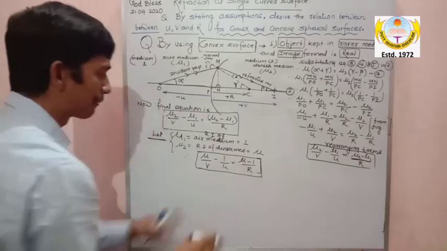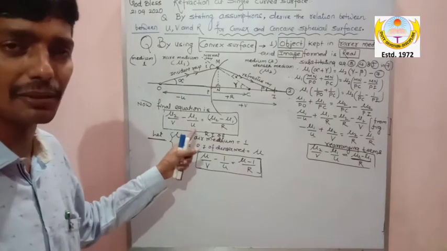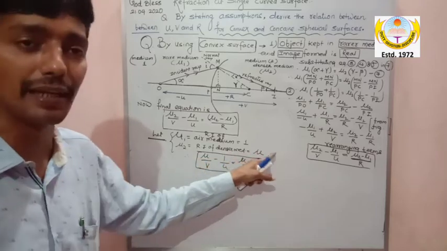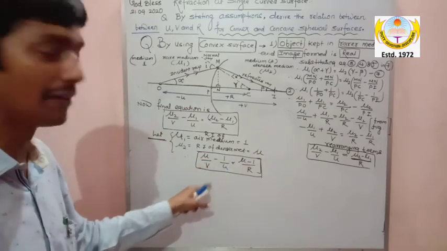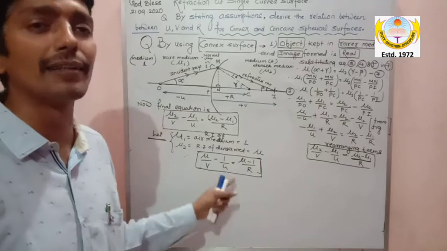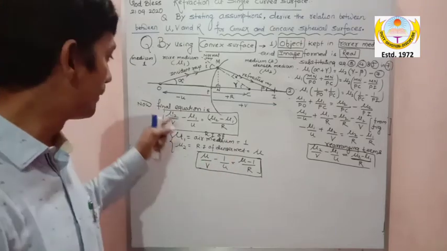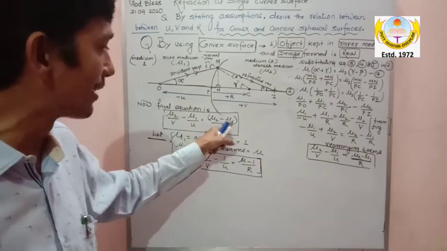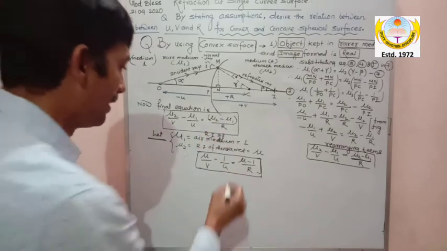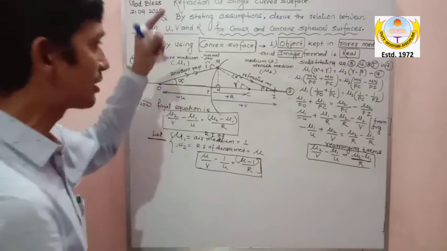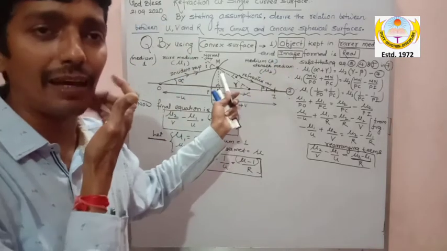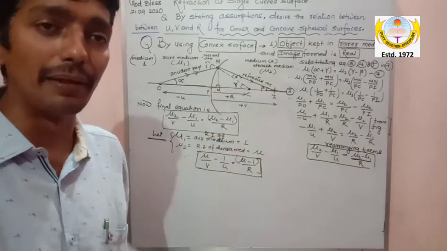But this is after the assumption that the first medium is taken as air and the second medium, that is the denser medium, is taken as mu. Then I got the formula mu by v minus 1 by u. I repeat, mu by v minus 1 by u is equal to mu minus 1 whole divided by r. So here, my dear, the first topic, the real image by the convex surface where the object is kept in the rare medium, is over.